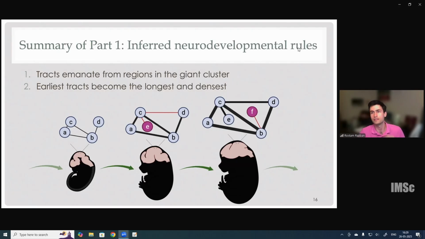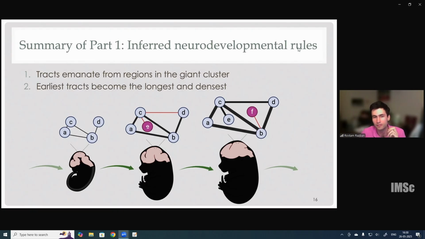So this is the conclusion of the first part of the talk. In this first part, we were able to infer neurodevelopmental rules. And what was cool about this talk is that it essentially showed how the need for the brain to signal with everybody, regardless of wherever they are in the 3D structure, whether they're far or close, there is this constraint that tracks need to emanate from regions in the giant cluster.